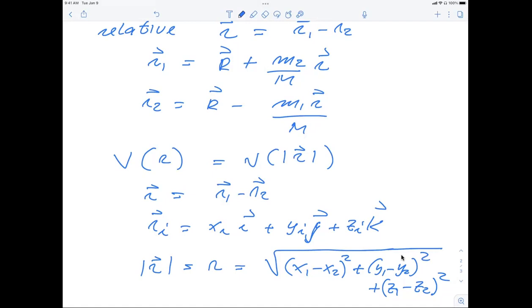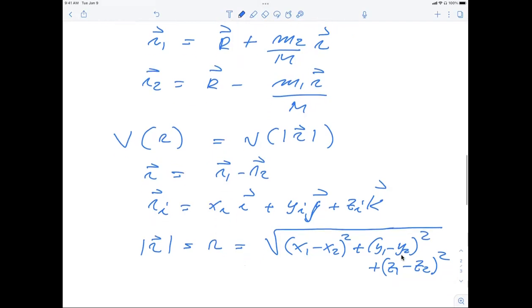So if I change R1 by a constant 10, and I change R2 by a constant 10, then when I take R1 minus R2, I have 10 minus 10, so the argument is unchanged. This is called translational invariance. I can translate the system by a constant, and the potential takes the same value. That's an important symmetry in many physics potentials.